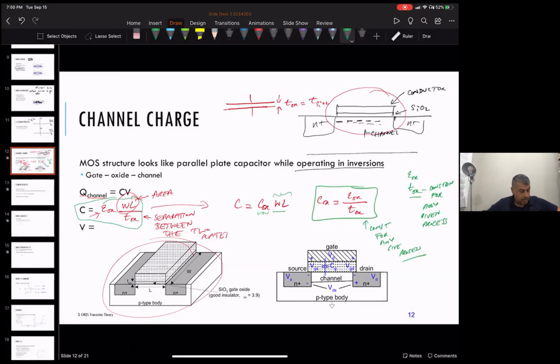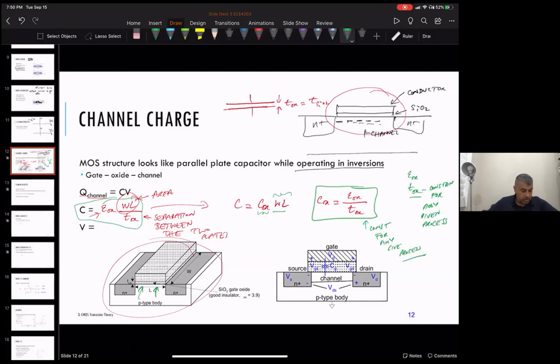Okay, so that ends up being the capacitance. Then the next thing you want to consider is, what's the voltage between drain and source that you're looking at, or the voltage at any point along the channel.